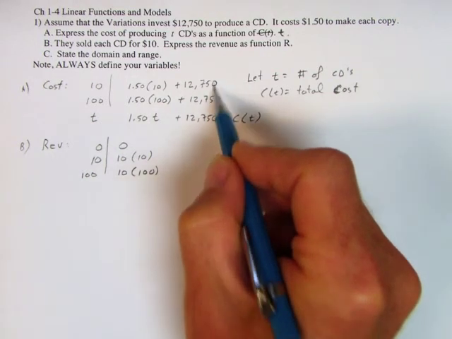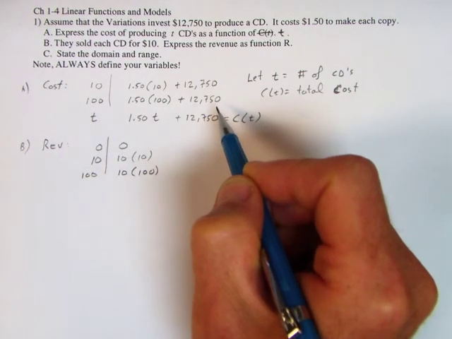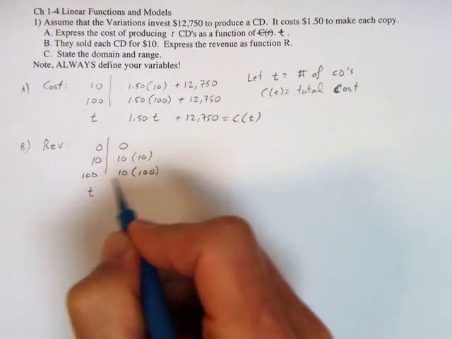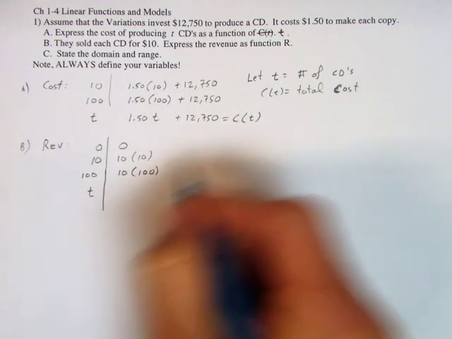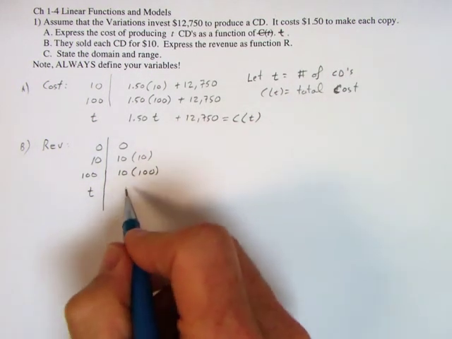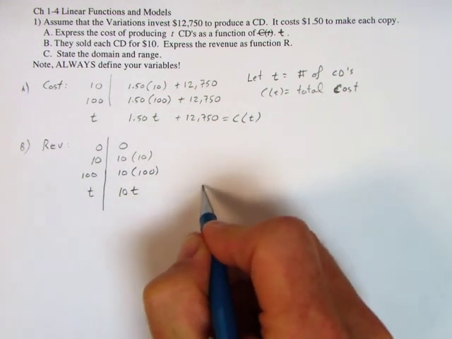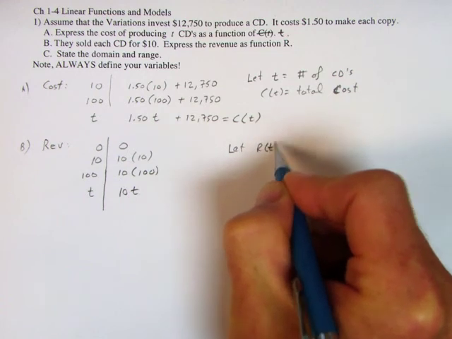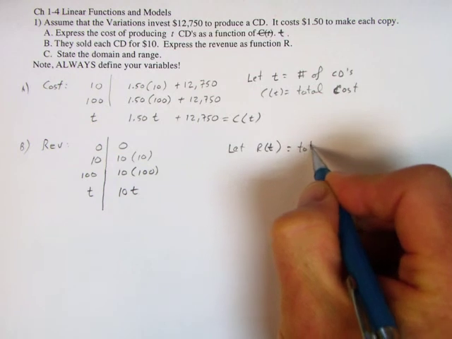That's just giving us a couple random numbers, which we would have a very difficult time trying to write the equation of. Similarly over here, I have T that I'm selling, and well, I have just the number of CDs I'm selling, so it'll be 10T. So for my revenue, we'll let R of T equal the total revenue.